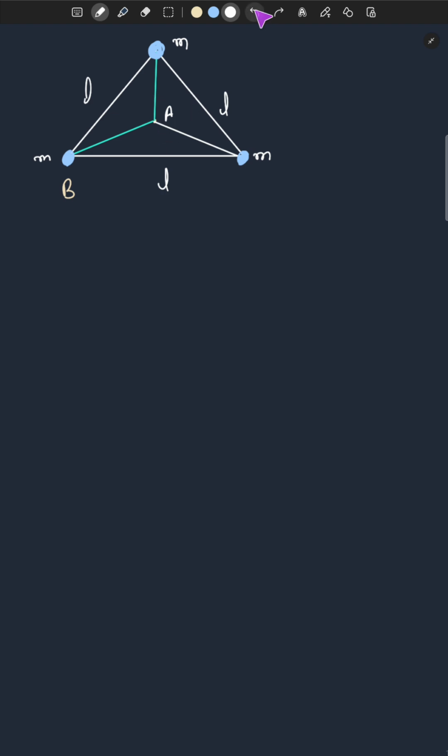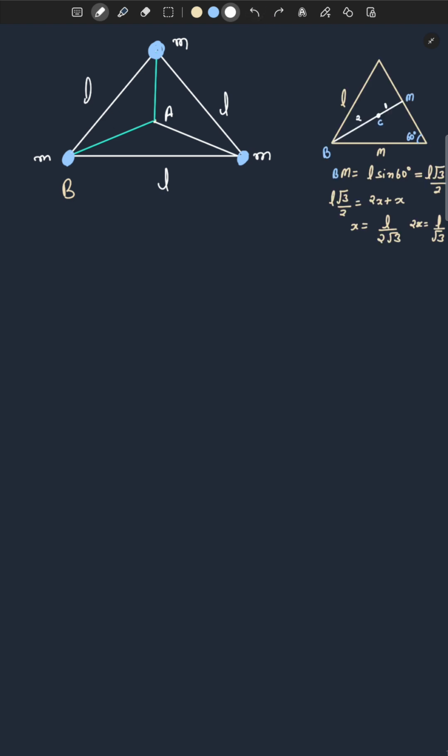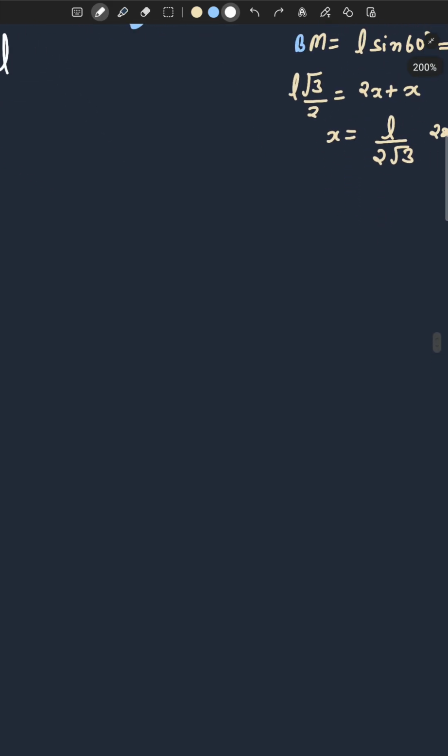Okay, so let's move forward. We will need this length AB, because to find the moment of inertia about A we require the distance between this point and the masses. All these lengths will be equal. So how are we going to find this length? Let's see here.